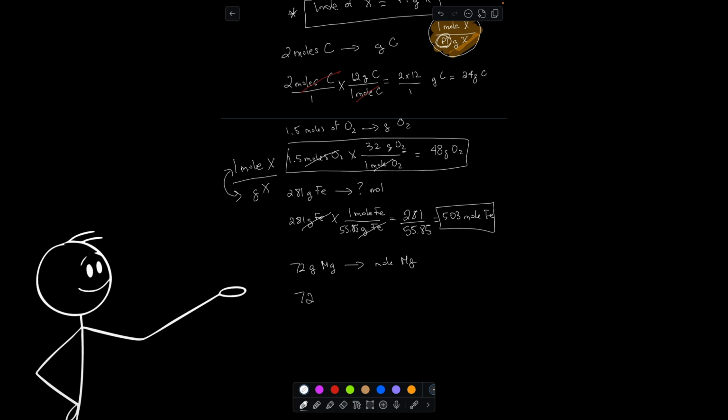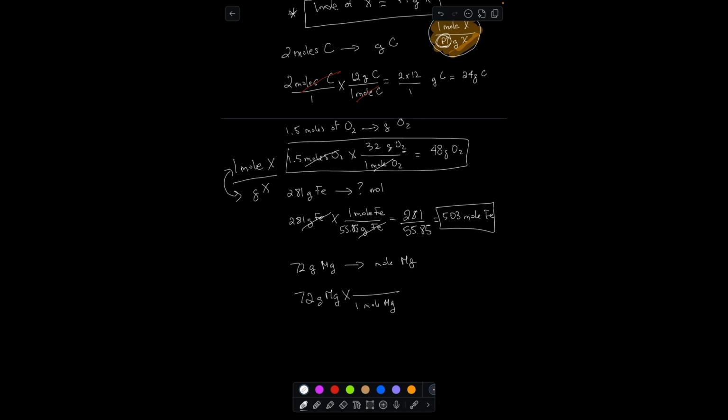Okay, here is the answer. So you have 72 grams of Mg that you're trying to turn into moles of Mg. If you look at Mg on the periodic table, you would see that 1 mole is equivalent to 24.31 grams of Mg.